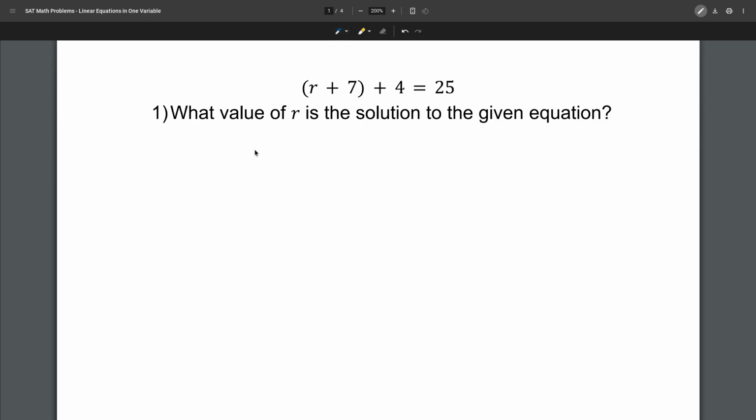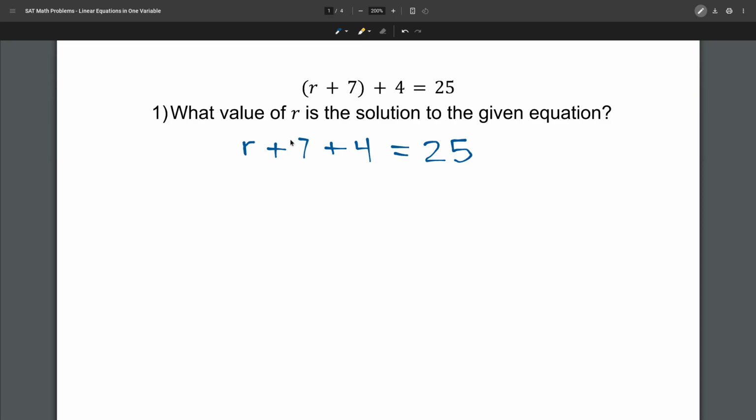And what we can do is just rewrite this as r plus 7 plus 4, and that equals 25. The reason I mention that is some students get a little confused when you have parentheses grouping stuff but you don't have any number in front. And I tell them you can just drop the parentheses. In this case, you can just drop the parentheses. In a few examples we'll look at going forward, you can't do that.